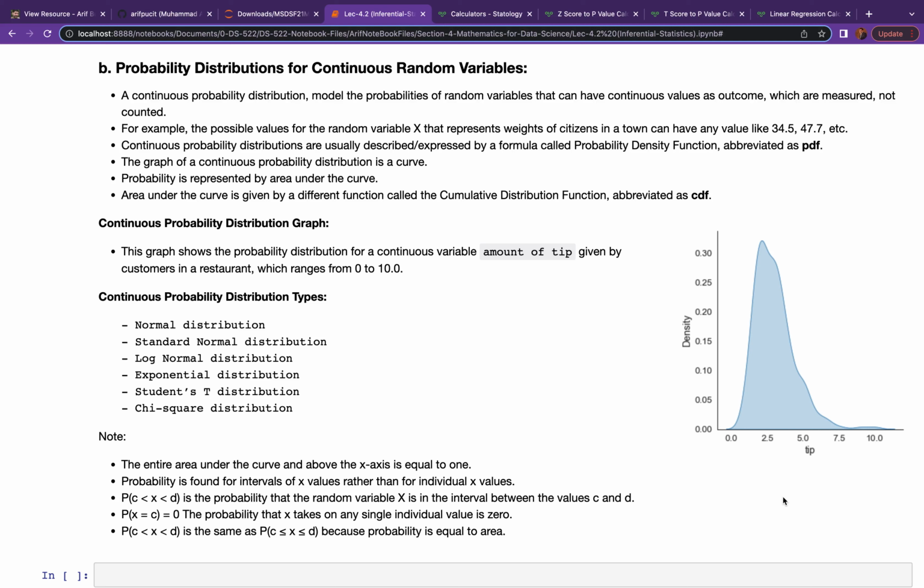There are different types of continuous probability distributions like the normal distribution, exponential distribution, Student's t distribution, chi-square distribution, and so on. Of course, each of these has its own probability density function, PDF.